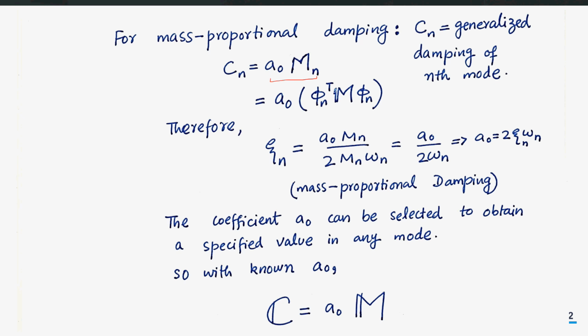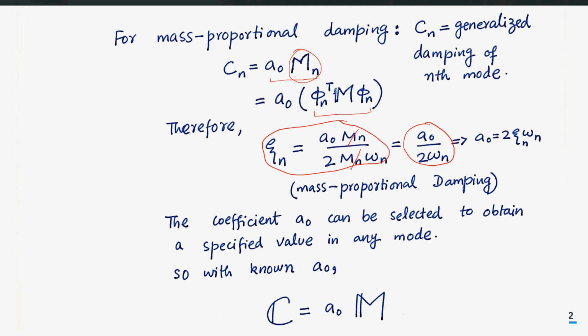We know that mn is the diagonal term of the matrix, and that diagonal term corresponds to this term, phi n, the nth mode shape vector, transpose, multiplied by the mass matrix into phi n again. If you put these into the definition of the nth mode damping ratio, this mn will cancel with this, and you will come up with this expression.